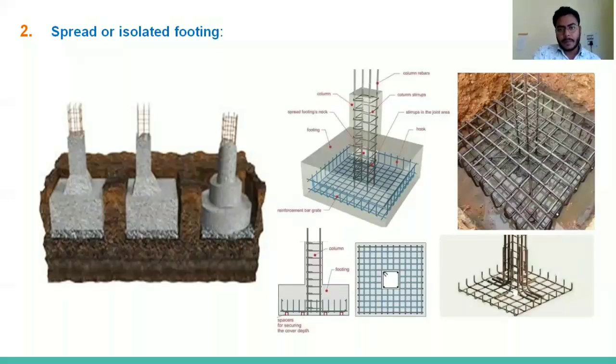See in the next figure, I have shown a reinforcement detailing of isolated footing. That is not always the same. I have shown an example so you can get some idea of how we place the reinforcement. The reinforcement is placed at the bottom. There is a T shape and a cantilever portion is coming, so tension will be developed at the bottom side.